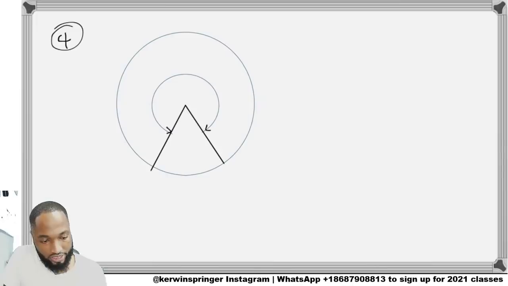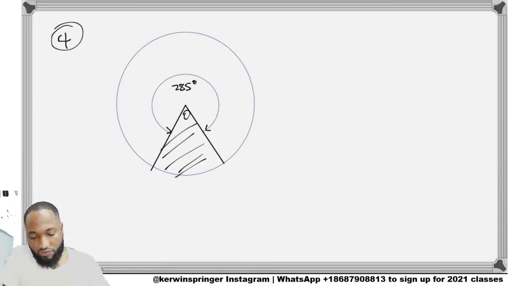So they're saying this is O, and this is 285 degrees, and the fraction of the circle which has been shaded is what? What fraction of the circle has been shaded?